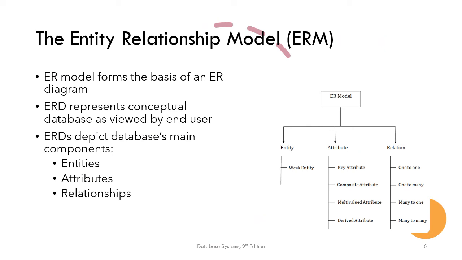Go to the next important items under the ER. They form the basis of the ER diagram, and they represent the conceptual database. There are three components. Previously we looked at two, the entity and the relationship, but actually in the entity, of course, we have attributes.